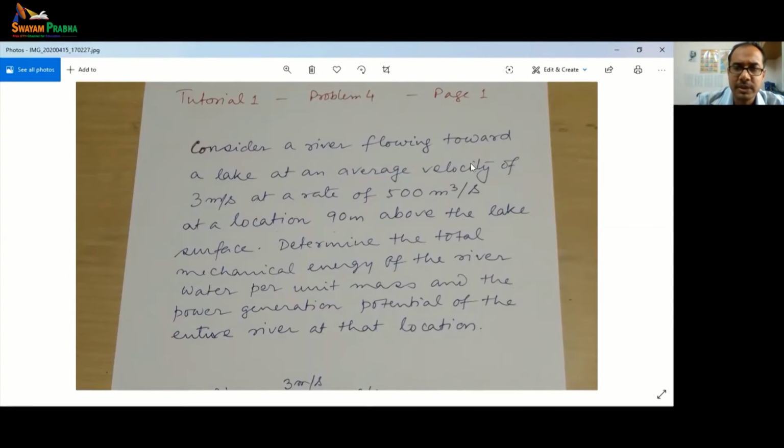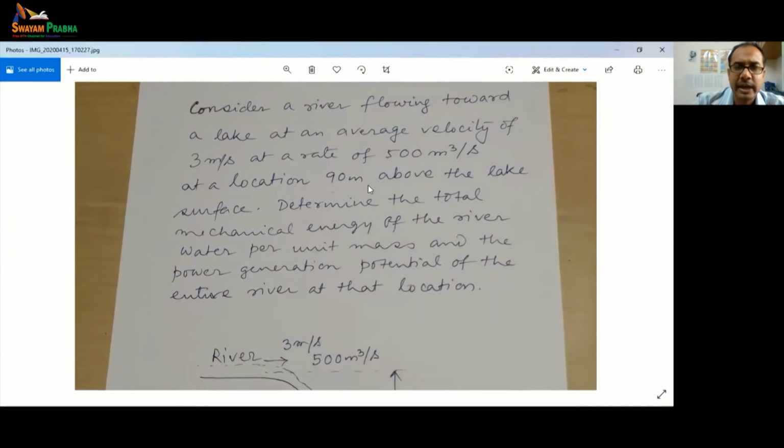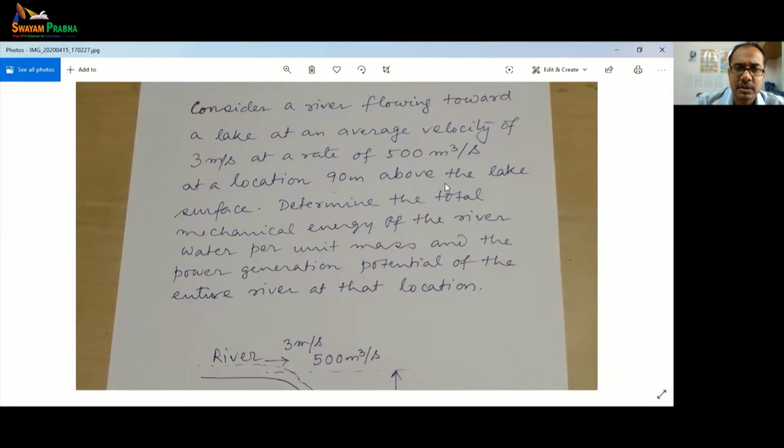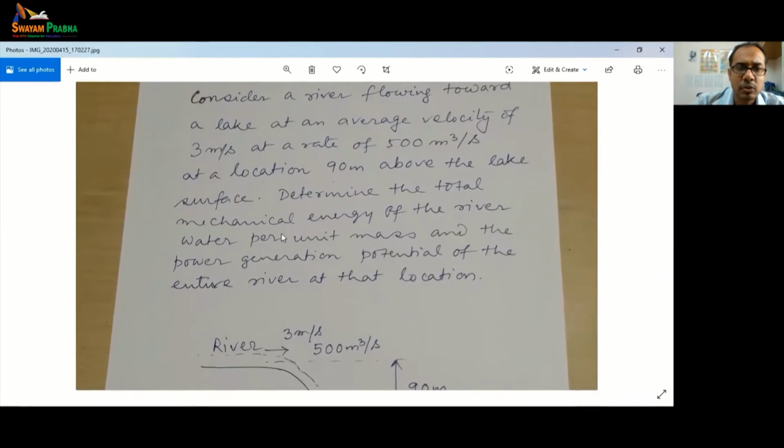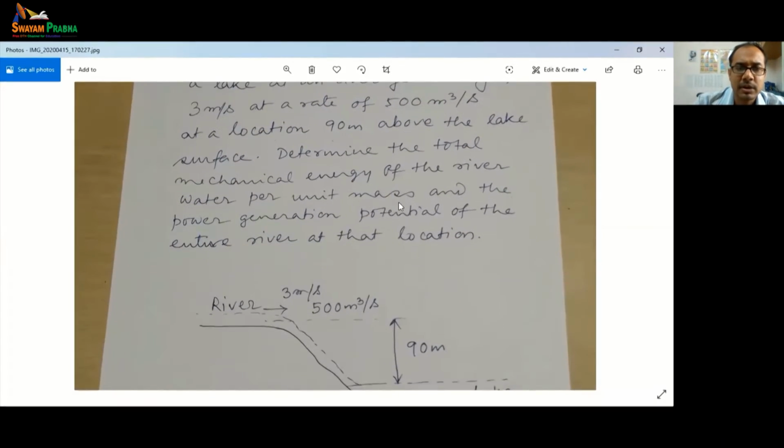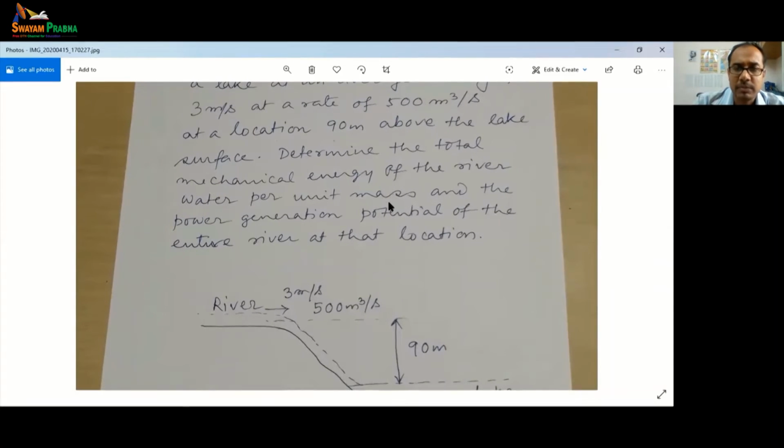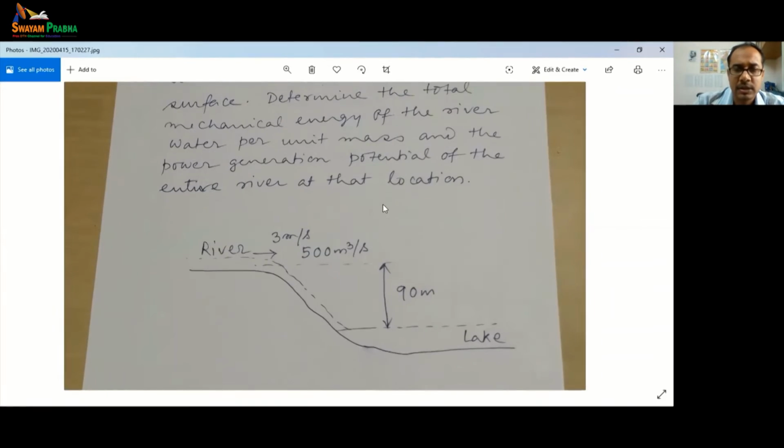So this is meter cube per second, that means the volume flow rate, and 3 meter per second is the velocity, and this is at a location which is 90 meter above the lake surface. Determine the total mechanical energy of the river water per unit mass, and the power generation potential of the entire river at that location. That's the question.